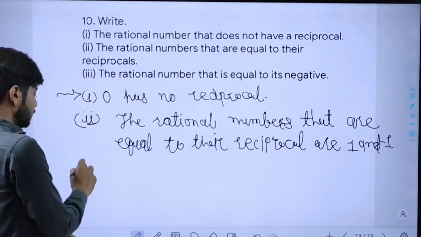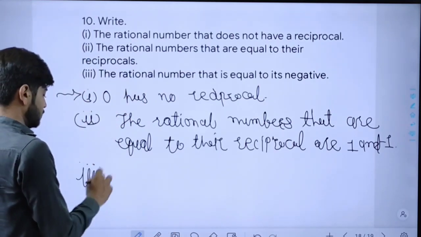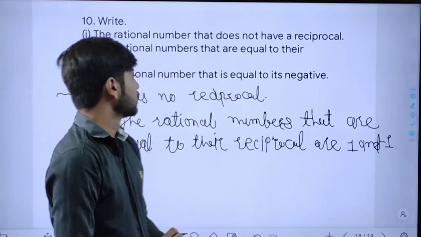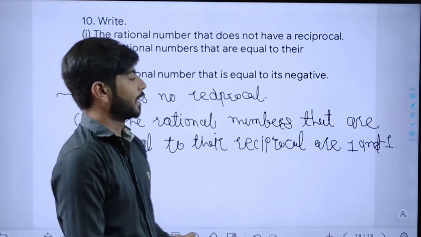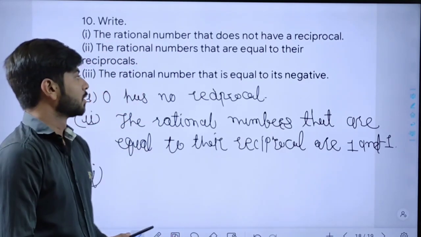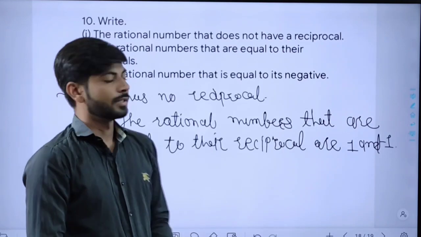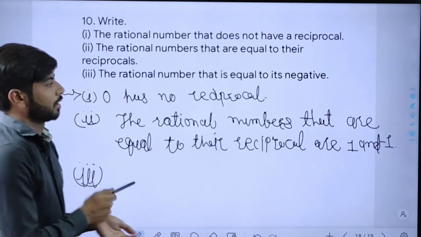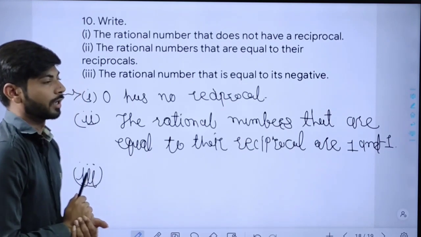Okay, now third, the rational number that is equal to its negative. Which rational number is equal to its negative? 1 has its negative, negative 1.